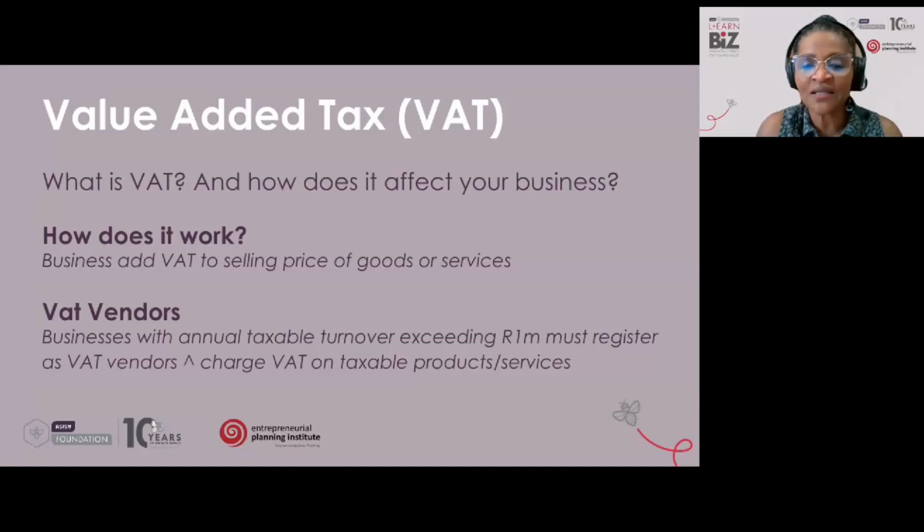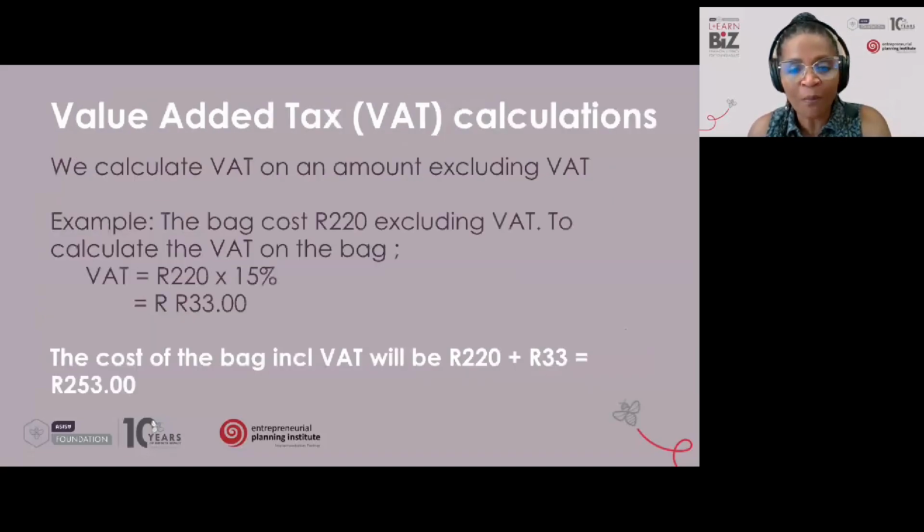If you don't have the systems, you fail to comply, you lose your compliance, and you lose your relationship with the taxman, which we do not want to see. There's a basic calculation in your workbook, so we don't need to go into details for the value-added tax.